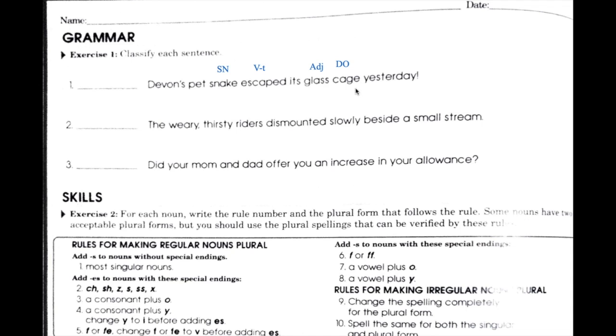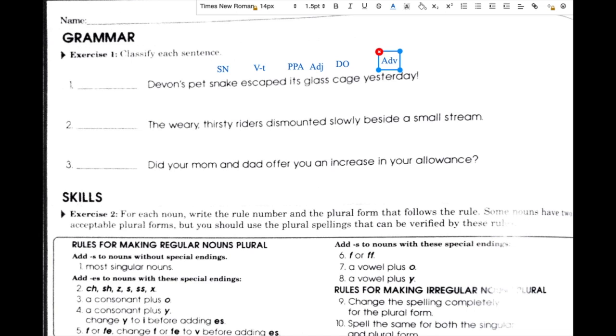It's also describing. So it's a possessive pronoun adjective. Escaped when? Yesterday. If we're answering the question when, it's an adverb. Words like yesterday and today and tomorrow are usually used as adverbs.